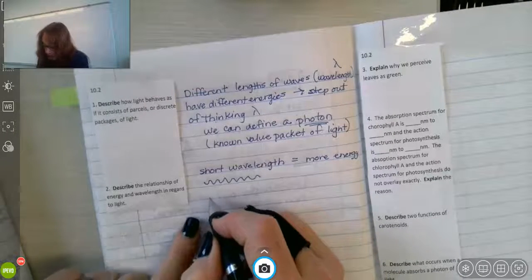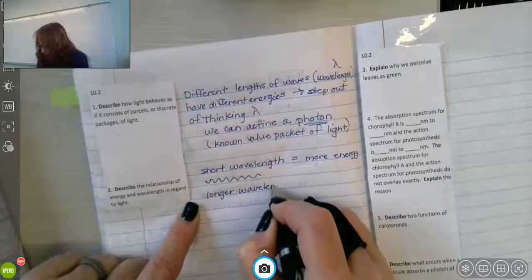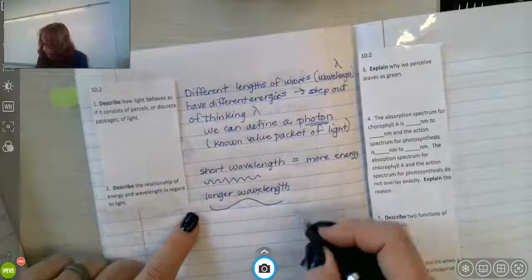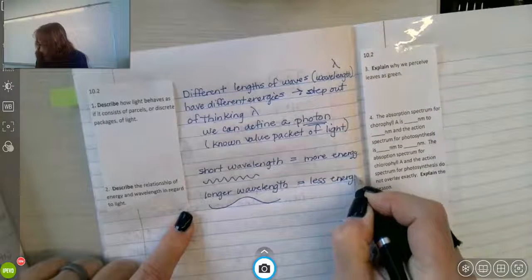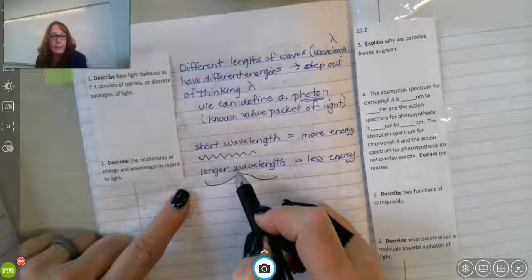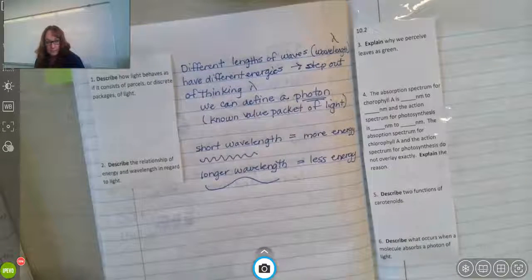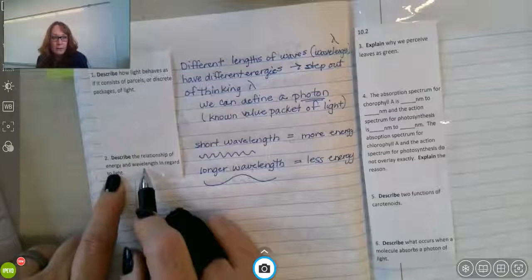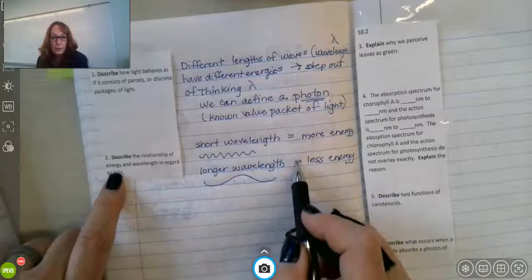So a longer wavelength, something more like that, has relatively, compared to the two, less energy. So to get a photon from this longer wavelength, you'd have to have more wavelengths, okay? Does that make sense? This also answers the relationship of energy and wavelength. The shorter, the more energy. The longer, the less energy.